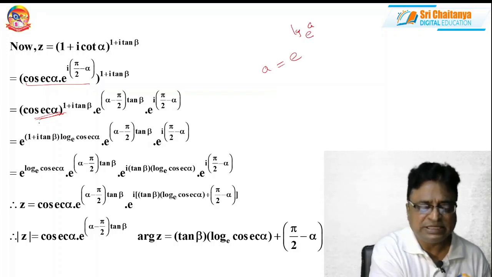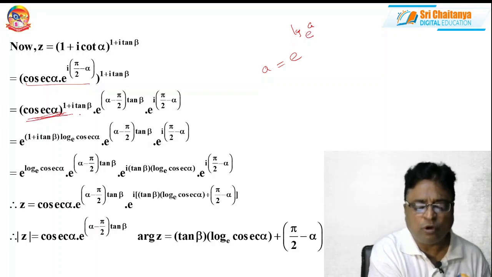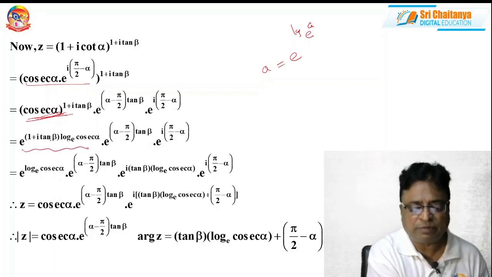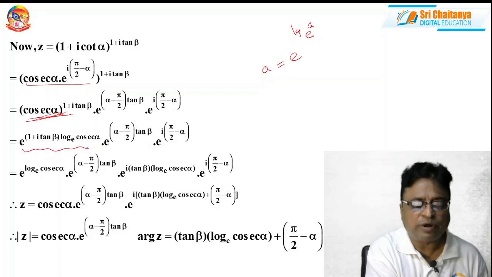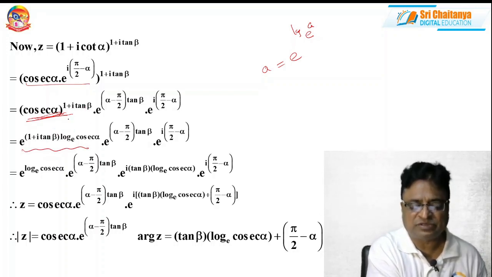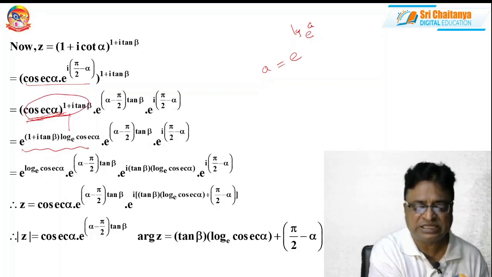This cosecant alpha whole power 1 plus i tan beta, I have written as e power (1 plus i tan beta) into log of cosecant alpha, because e power (1 plus i tan beta) log cosecant alpha is nothing but e power log cosecant alpha, whole power 1 plus i tan beta. Therefore, that is cosecant alpha whole power 1 plus i tan beta. So this term I have written like this.